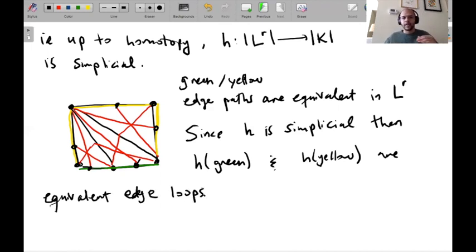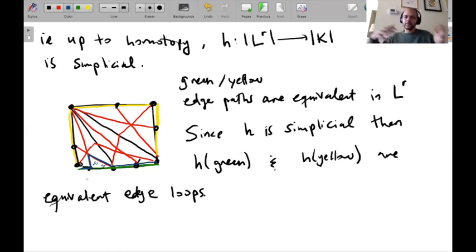Remember how this equivalence was defined. It says that this green path is also equivalent to the path that starts along the green and then goes over here and then is like this, because you have this triangle here.